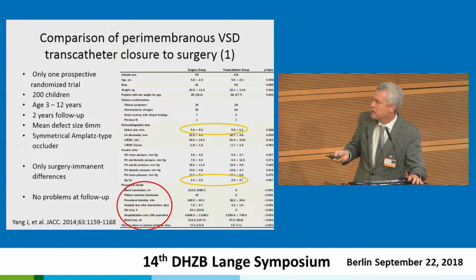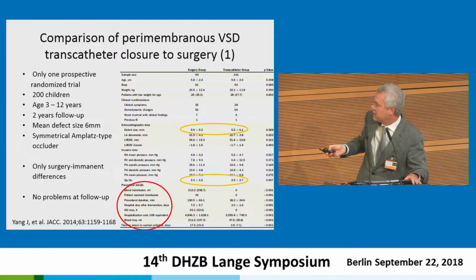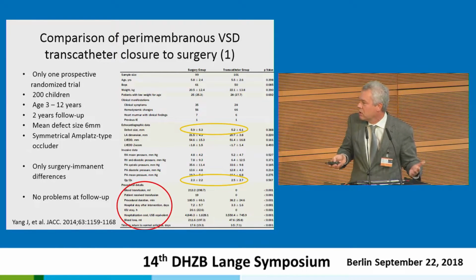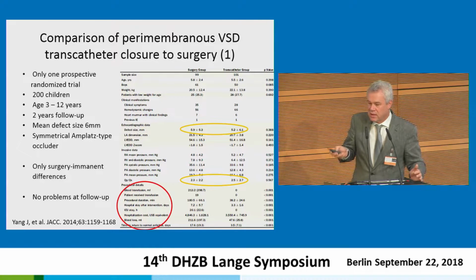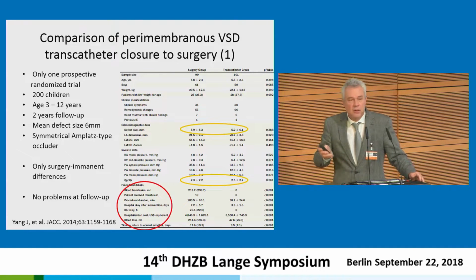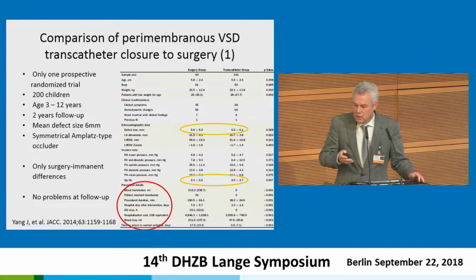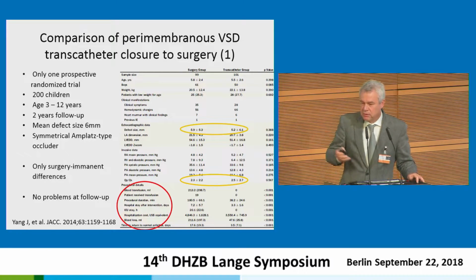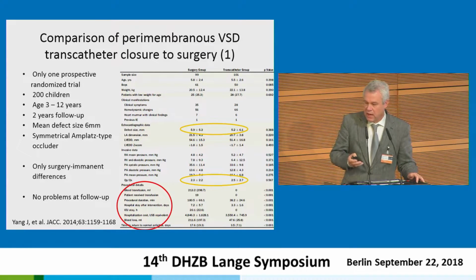So more blood in surgical patients and a little bit longer hospital stay and ICU stay. The patients with intervention didn't even go to the ICU. So that's all the difference they tell us. And no patients had problems at follow-up. So that's the only study we have in direct comparison.